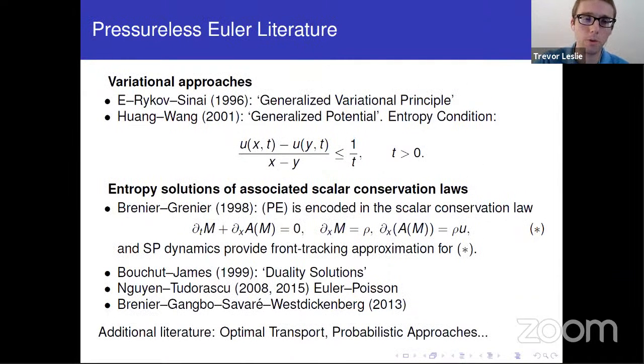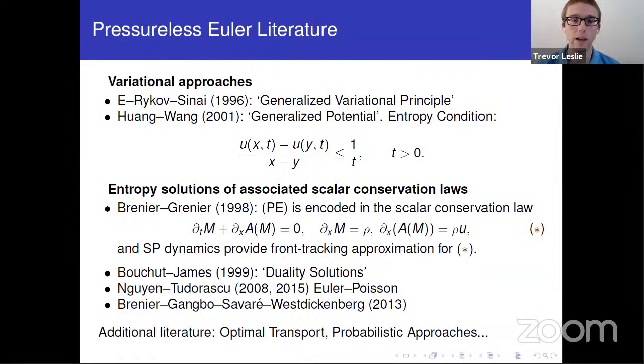There are two approaches to studying the pressureless Euler system, which by now are basically considered classical. First, there's a variational approach, which has its origins in the paper of Rykov and Sinai from '96. And I'm leaving out a few papers in between these two. But the big success story in terms of uniqueness for the variational method is this paper of Huang and Wang from 2001.